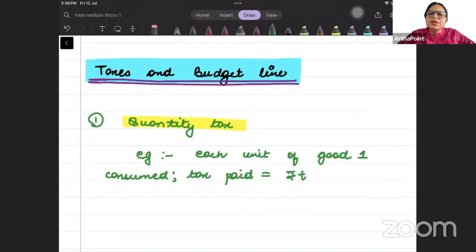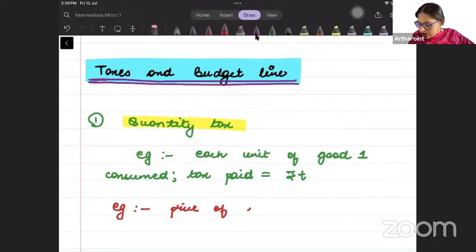What does this mean, बेटा? It means that for every unit of the good that you consume, आपको T rupees tax देना पड़ेगा. So for example, suppose price of good one P1 है.